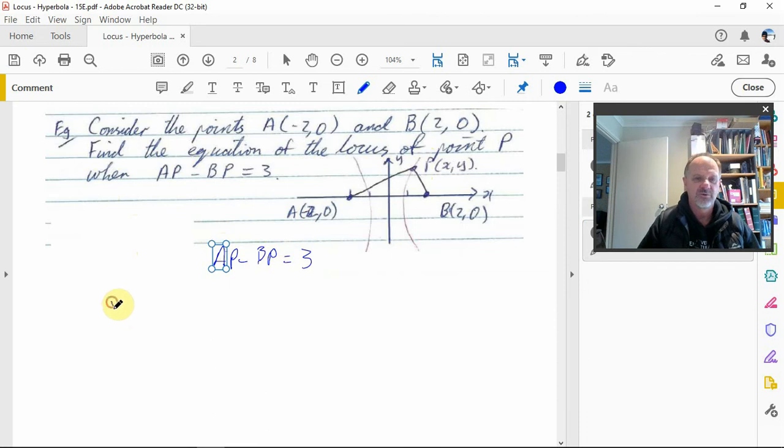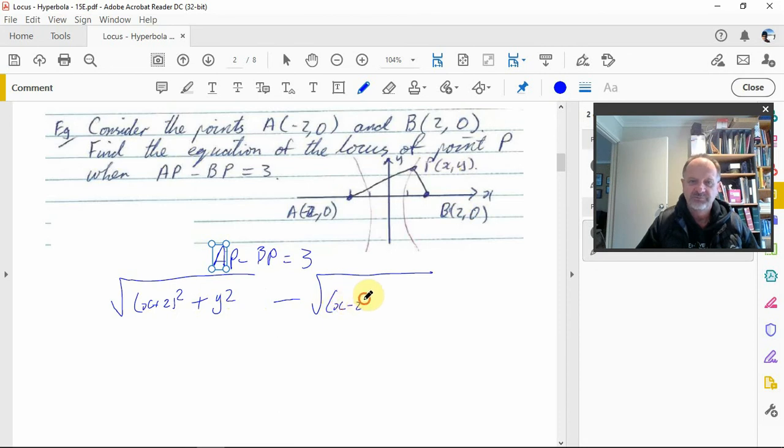So the distance formula: the square root of (x minus negative 2) squared plus (y minus 0) squared, take BP, square root of (x minus 2) squared plus (y minus 0) squared, and that is equal to 3.